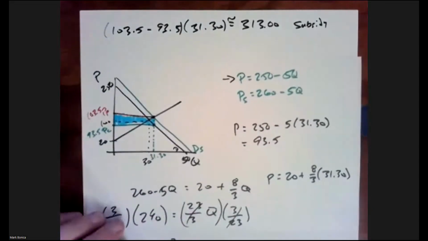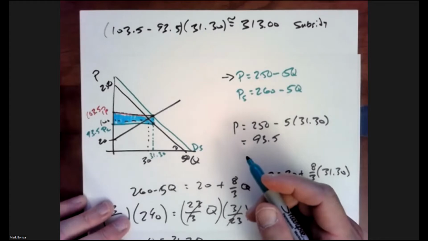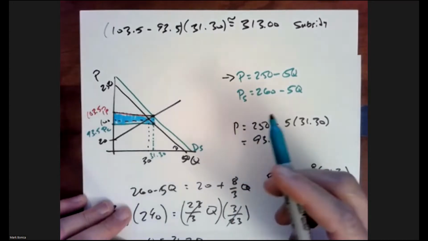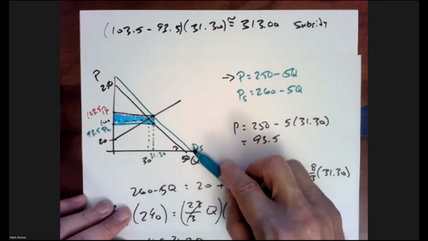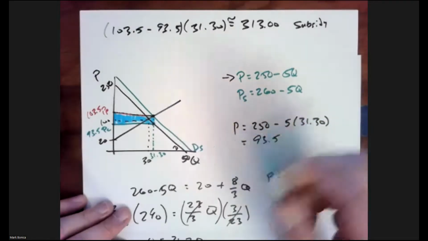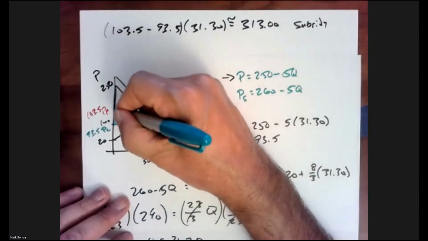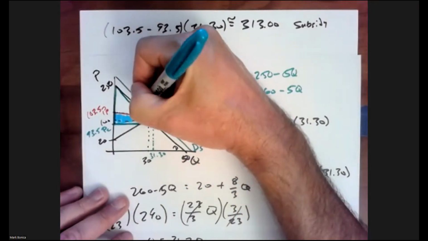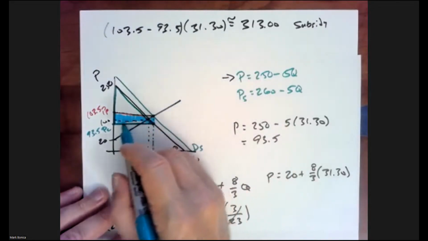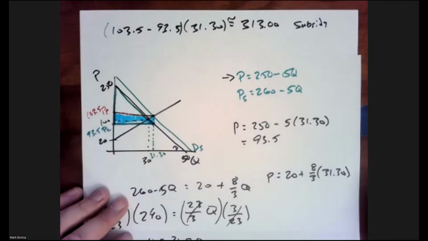Okay, we got that. What is the consumer surplus? Well, remember, what the consumers actually benefit from is their demand curve. The demand subsidized is irrelevant to their happiness. So their consumer surplus is below the original demand curve and above the subsidized price, the new PC, which is 93.5. And then it goes out to 31.3.